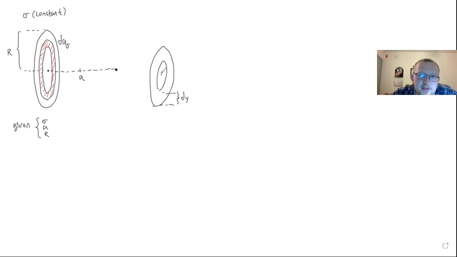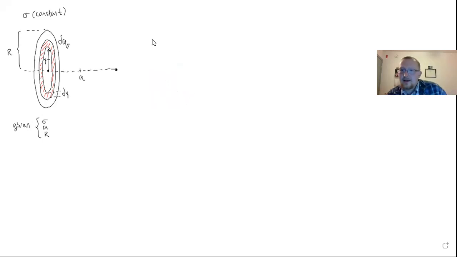Each one of these bands is going to have a radius, which we're going to call y. Y is the measure from here to here. And of course, the width of the band is going to be dy. So that's pretty much the same thing I have drawn over here. Now, thinking back to revolutions of solids in Calc 1, how could I find the area here?